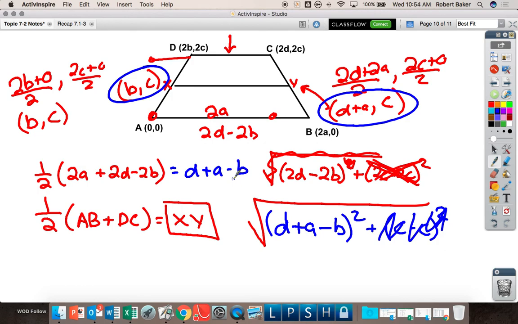Does it work? Yes. Could we just look at that? Maybe you could. What is half of 2A's? 1A. What is half of 2D's? What is half of negative 2B's? Does it work? Yes. Isn't that great? No numbers, and the midsegment theorem has been proven.